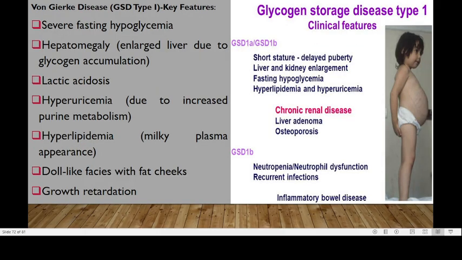Von Gierke patients will present with severe fasting hypoglycemia, hepatomegaly, that's enlarged liver due to glycogen storage or accumulation, lactic acidosis, hyperuricemia due to increased purine metabolism, hyperlipidemia, milky plasma appearance, and doll-like faces with fat cheeks and growth retardation.